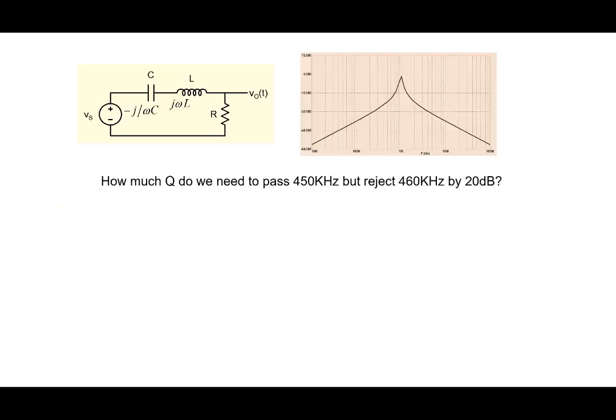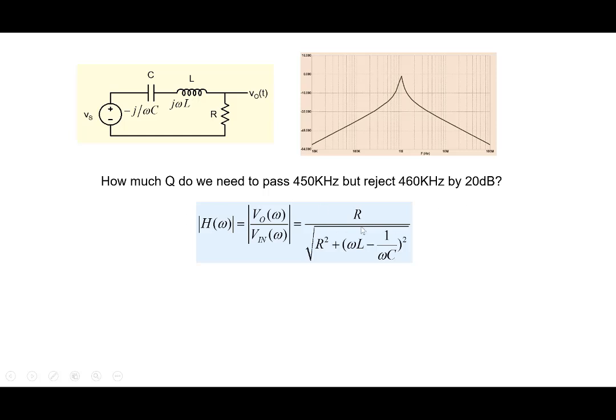Okay, so coming back to our problem of radio channels, we wanted to receive 450 kilohertz, but we wanted to reject 460 kilohertz by 20 dB here. And so this is the transfer function, and we are using the LCR circuit as a band pass filter here. So let's say the input is 1 volt, Q is omega naught L by R, as we have seen.